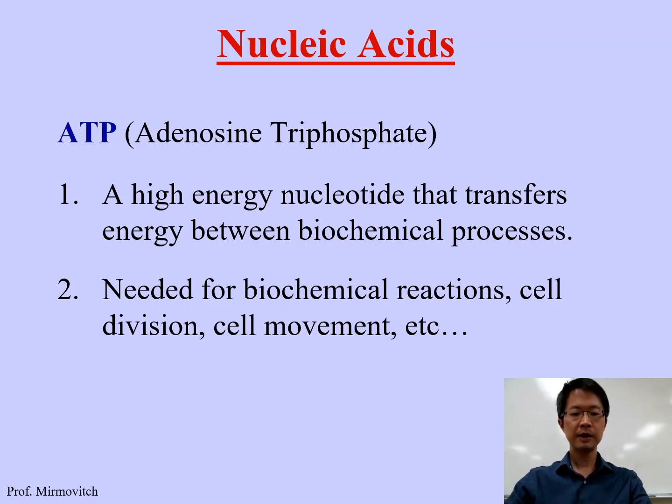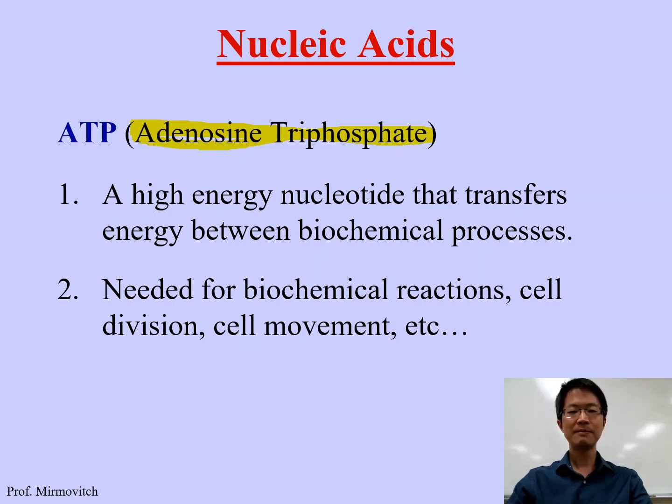Again, ATP, adenosine triphosphate, is a high energy nucleotide. Yes, it is one of the examples we talk about in nucleic acid. Remember at the beginning of the semester, we talked about 4 major types of macromolecules or biological molecules, or 4 major types of food.